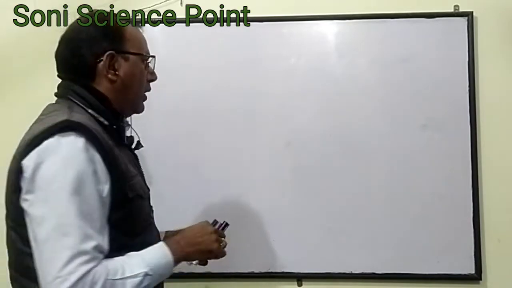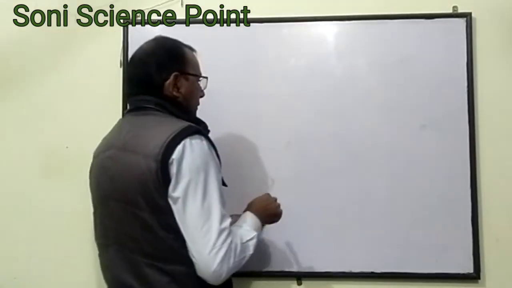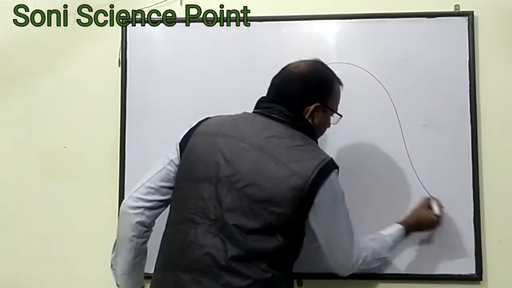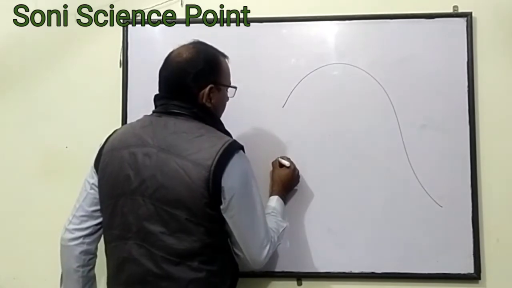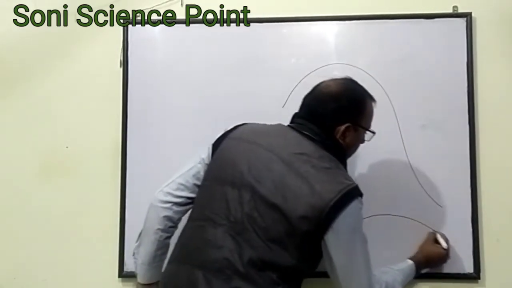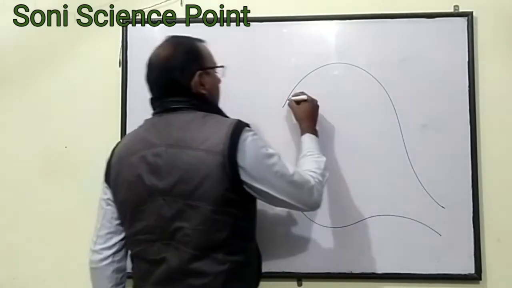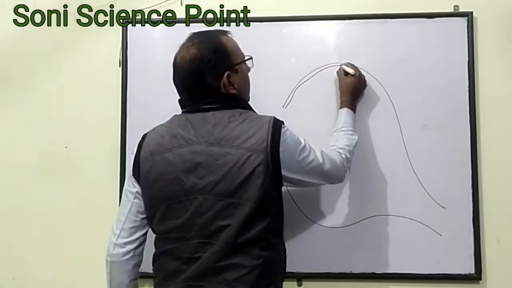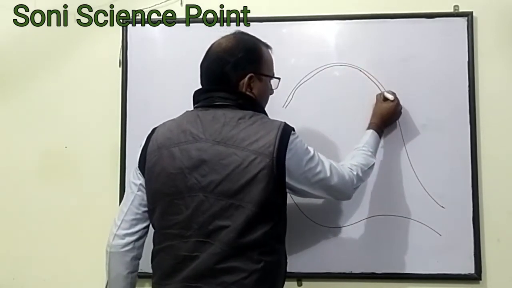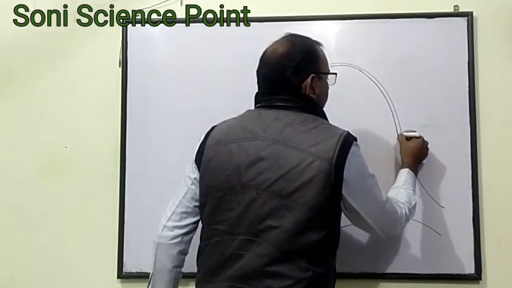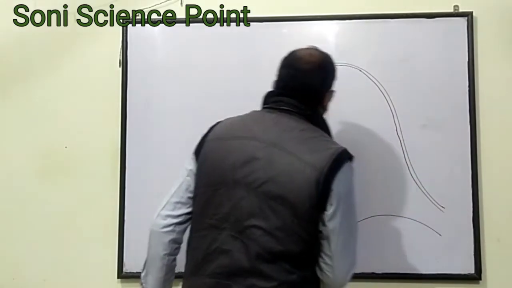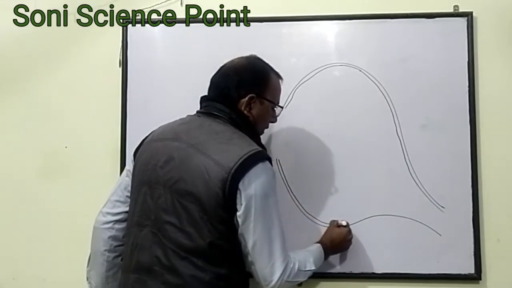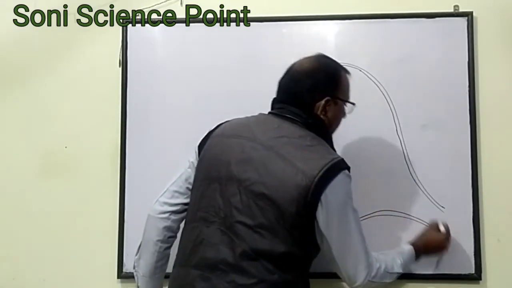The human eye is covered with 3 membranes or 3 layers, and these 3 layers have different structures as well as different components. The outermost layer, which is white in color, is made up of hard connective tissue, and this layer is called the sclera.